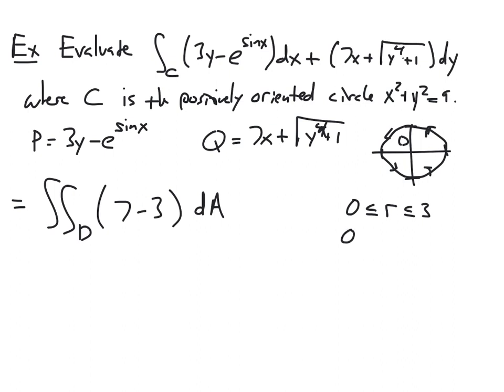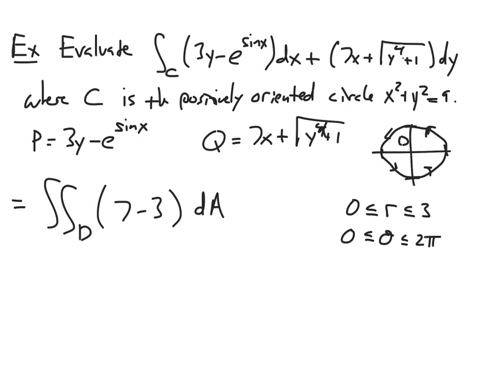And we want theta to go all the way around, from 0 to 2 pi. If we wanted just the top half, we would want 0 to pi. For just the first quarter, we would go 0 to pi over 2, and so on. But here we want the entire circle, so theta ranges from 0 to 2 pi.